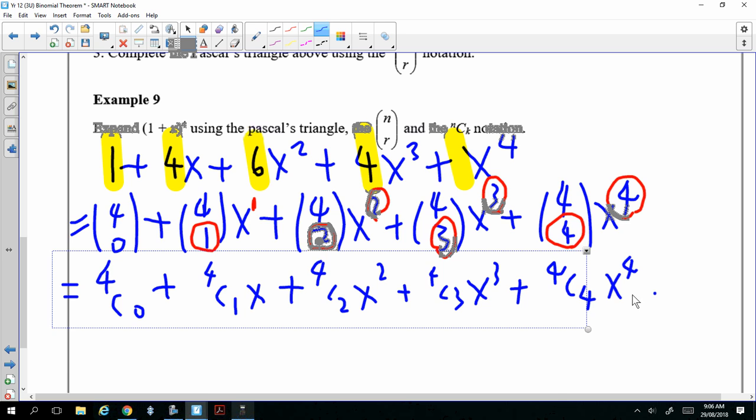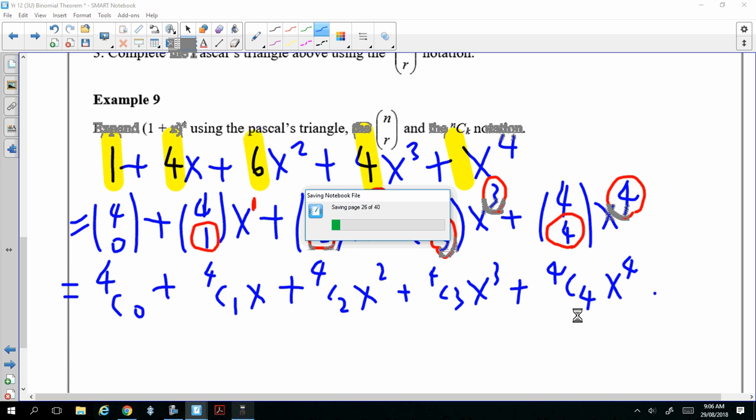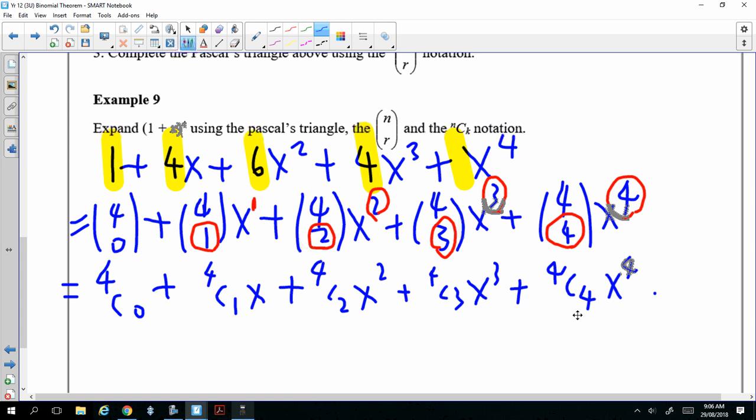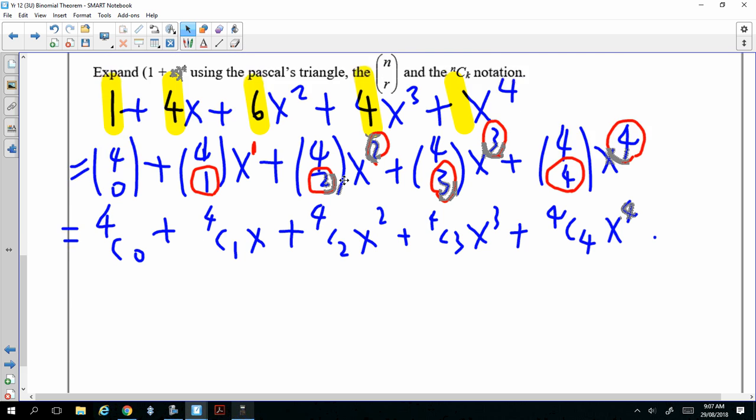So that gives us a fast way of expanding any binomial expression. Okay, good. Any question?